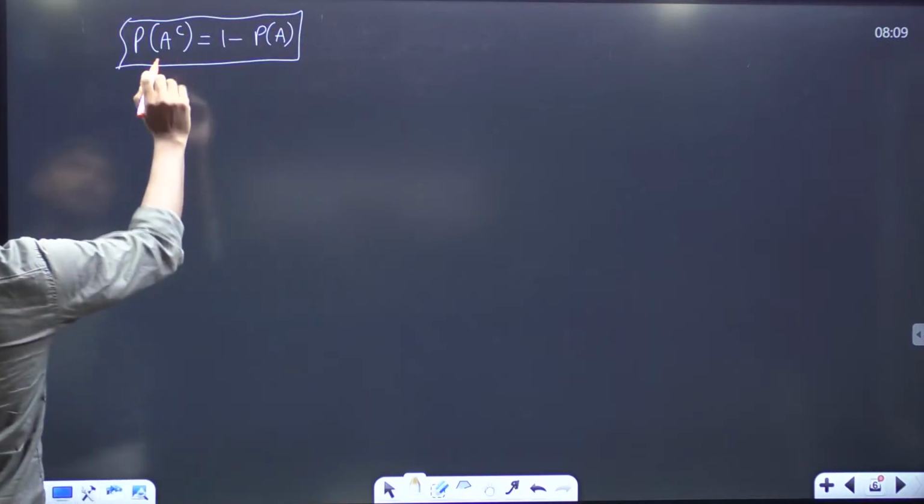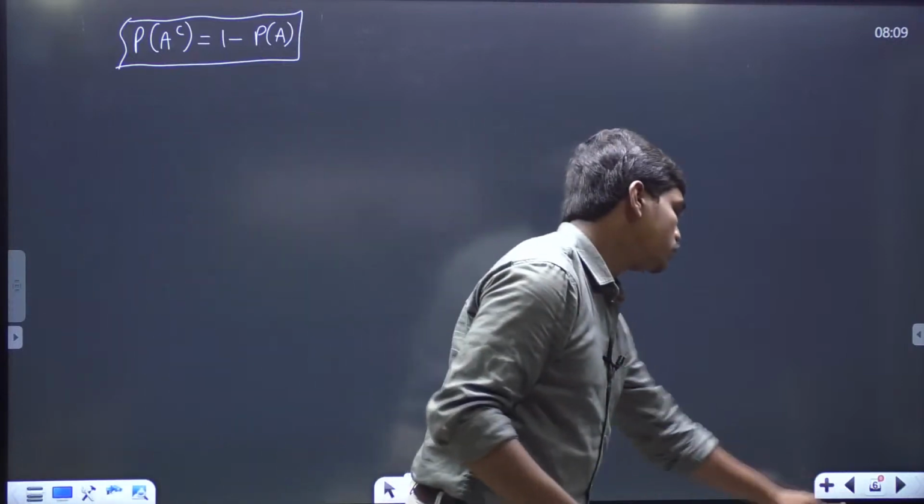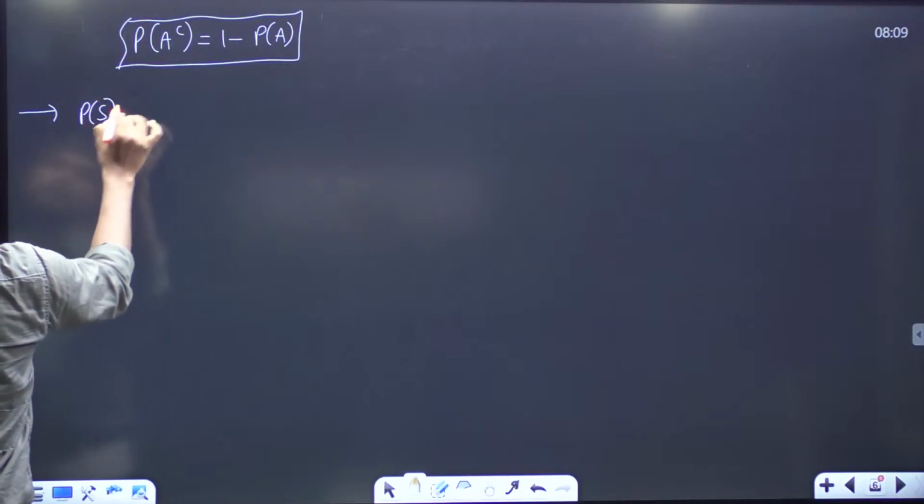Okay, so see here, clear? Many of you are asking for an example of case 2, where I told you P of S is equal to 1.